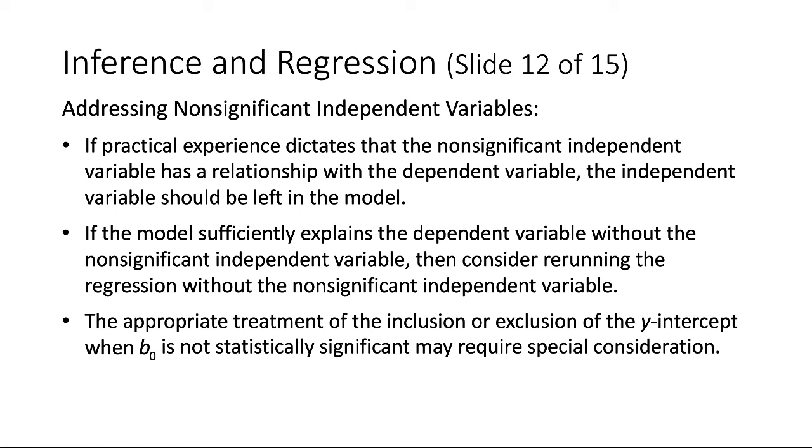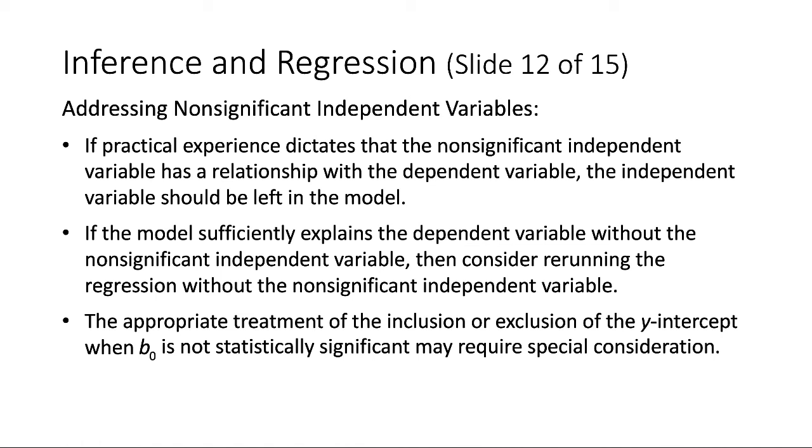On the other hand, if the model sufficiently explains the dependent variable without the non-significant independent variable, then we should consider rerunning the regression without it. It is possible that the estimates of other regression coefficients and their p-values may change when we remove the non-significant independent variable from the model.